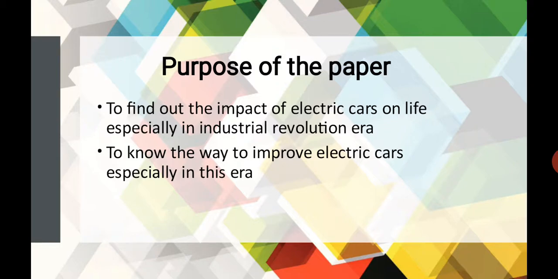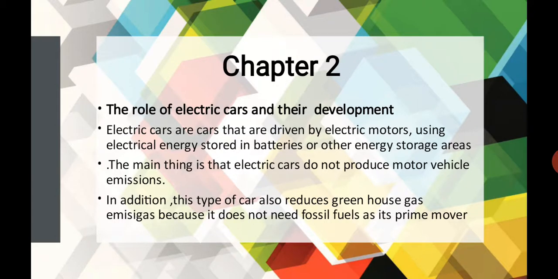The next slide. Chapter 2. The role of electric cars and their development. First, electric cars are driven by an electric motor using electrical energy stored in a battery or other energy storage.